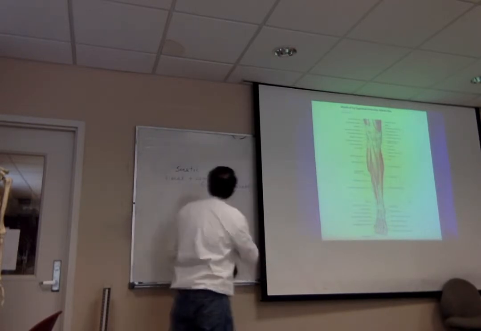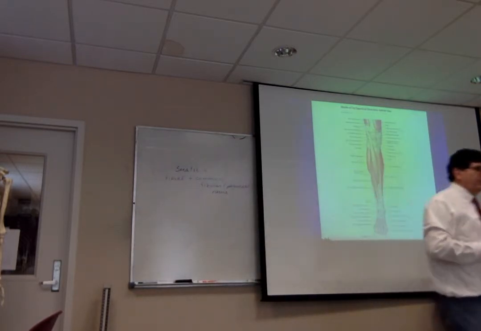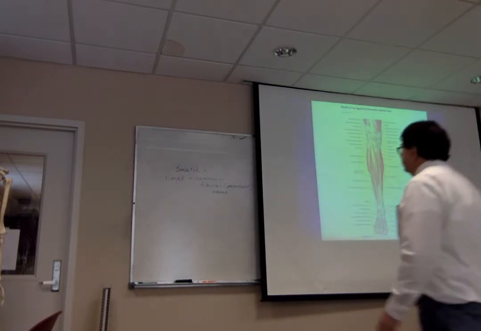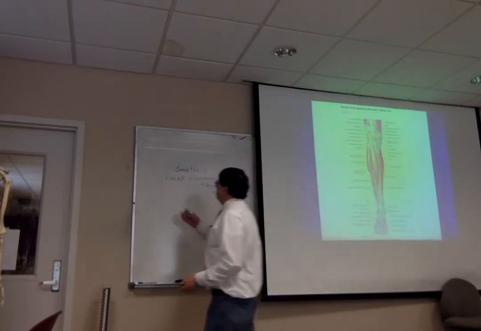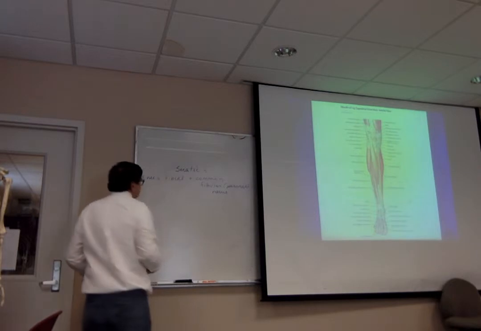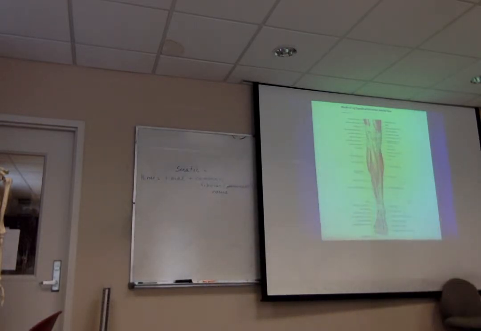So the sciatic is equal to the tibial and the common peroneal joined together. These nerves separate at the level of the knee, into a tibial and common peroneal or common fibula.